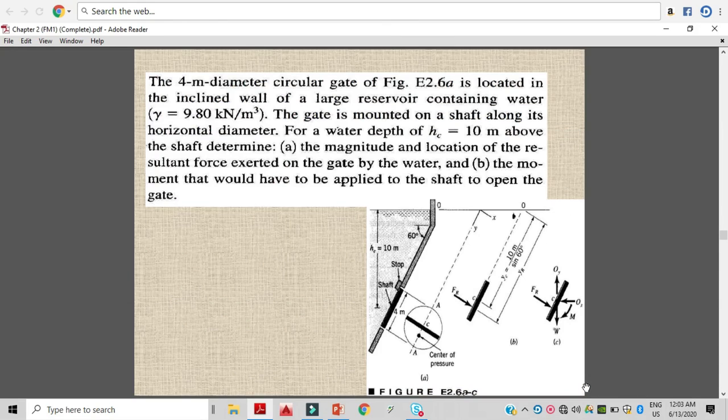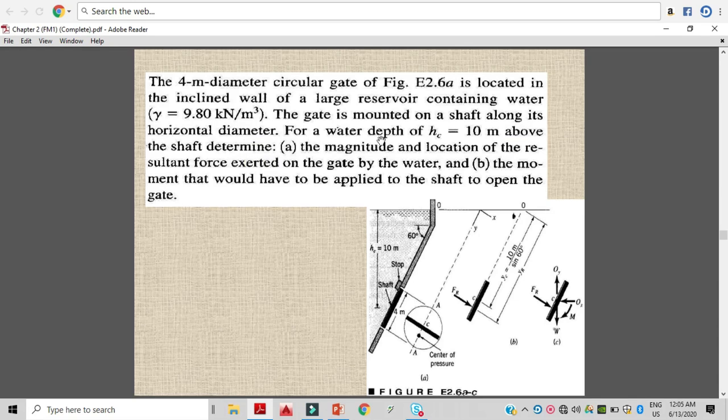So here the problem is: the 4-meter diameter circular gate of the figure, as mentioned below, is located in the inclined wall of a large reservoir containing water. The specific weight of the water is given. The gate is mounted on a shaft along its horizontal diameter.